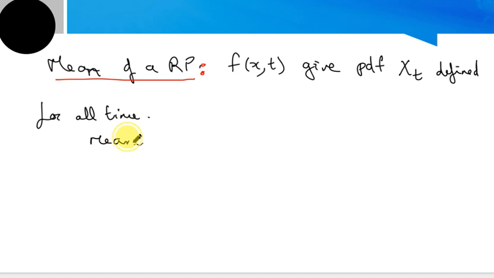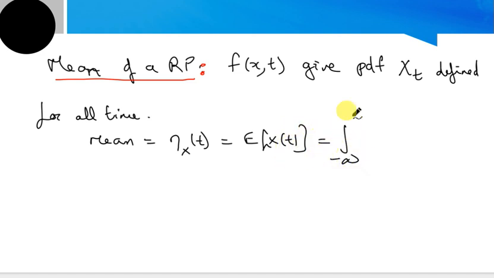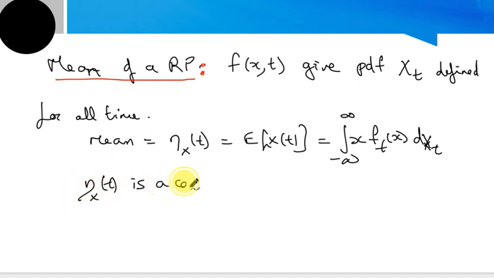Hence, my mean eta x of t equals E of x of t, which is nothing but the integral from minus infinity to infinity of x f t of x dx. Note, eta x of t is a constant. This looks very cumbersome. Let me rewrite this. This is dx.